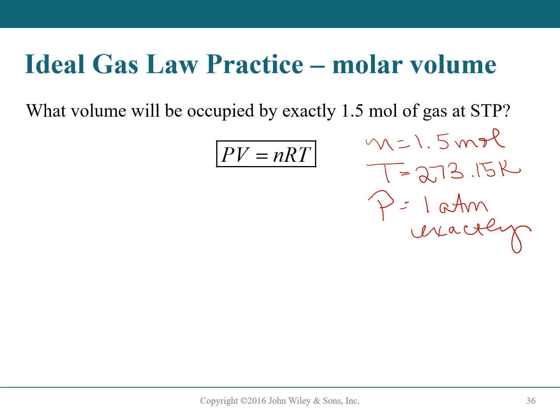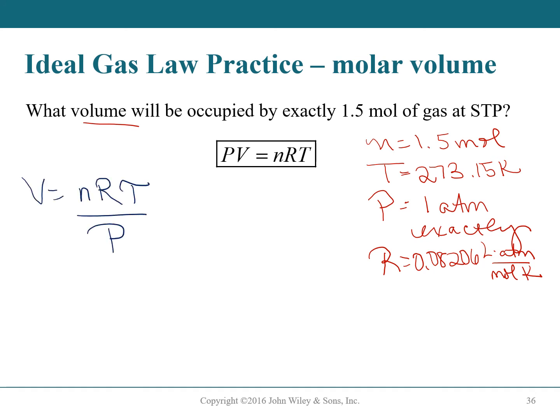Okay, and R is equal to 0.08206 liter atmospheres per mole Kelvin. Okay, and we're looking for a volume. So let's rearrange our equation. V equals nRT over P, and start putting in our values.